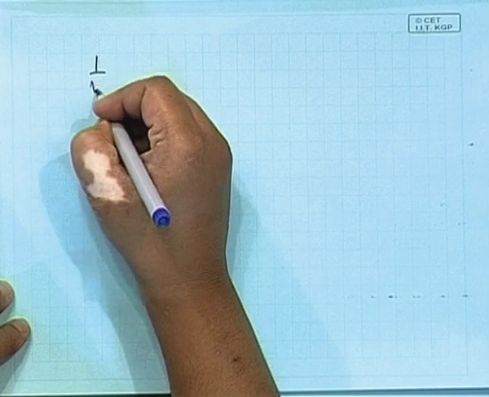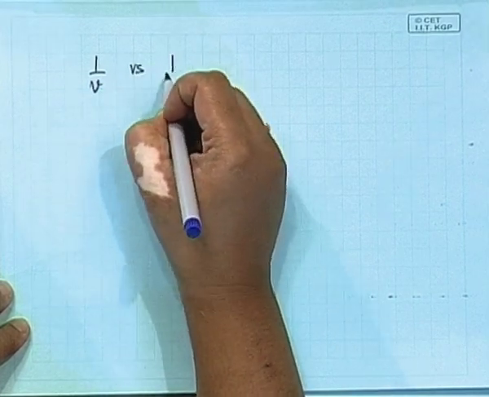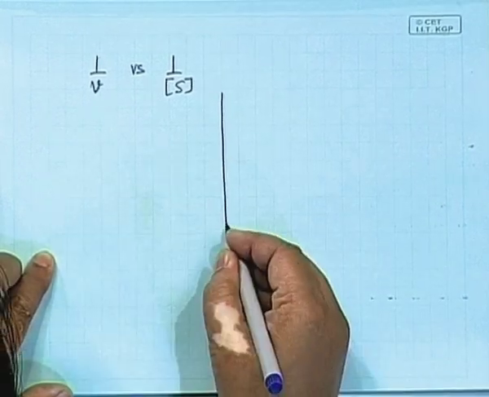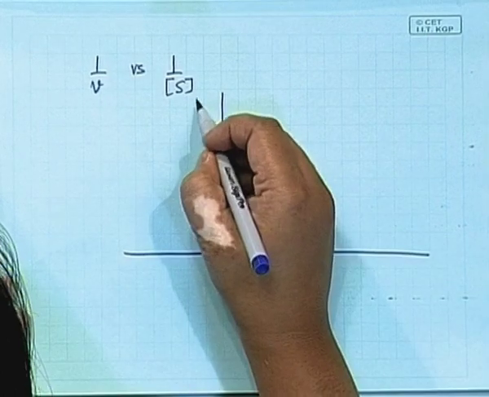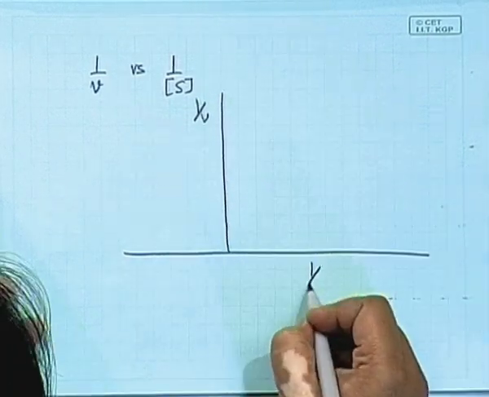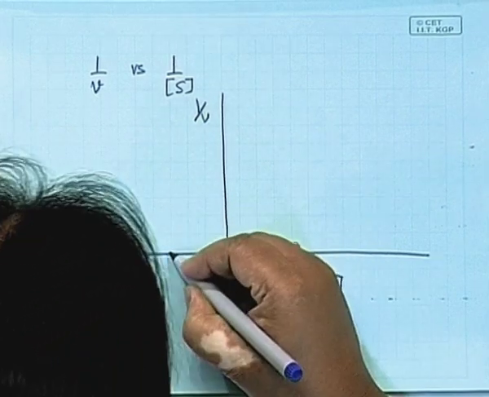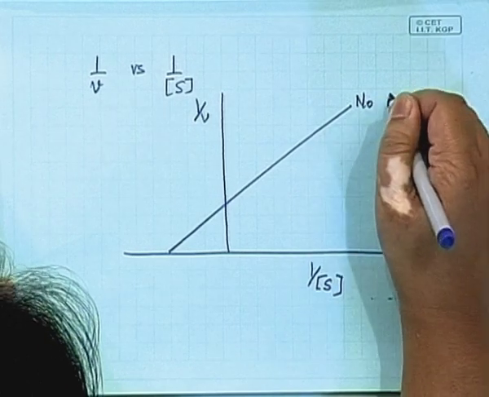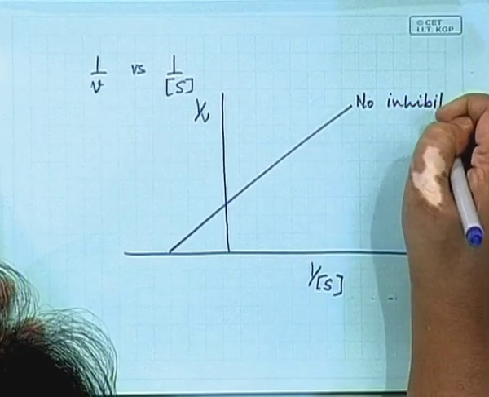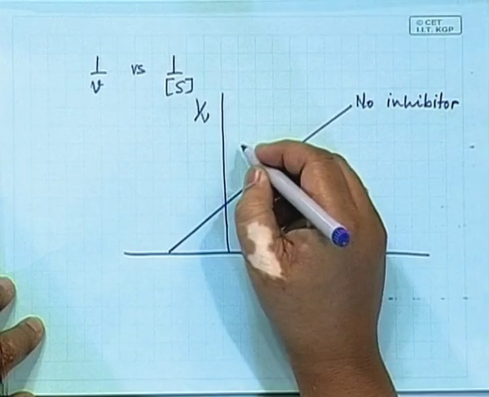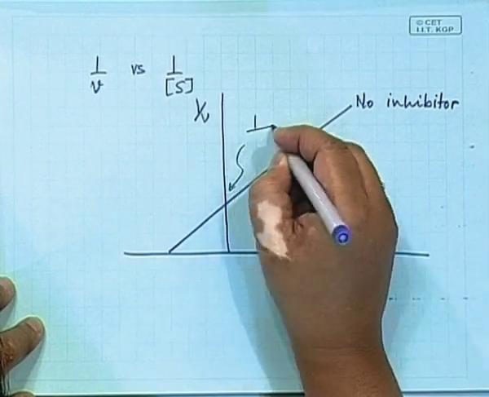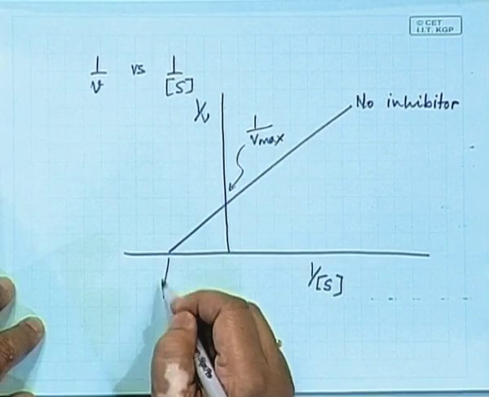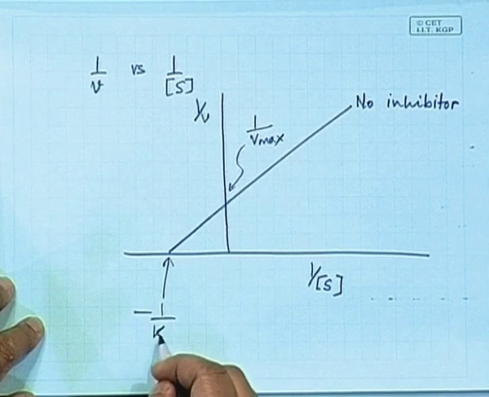So, I have now a 1/V versus 1/S. What is this? No inhibitor. What is my y-intercept? 1/Vmax. What is this? Minus 1/Km.